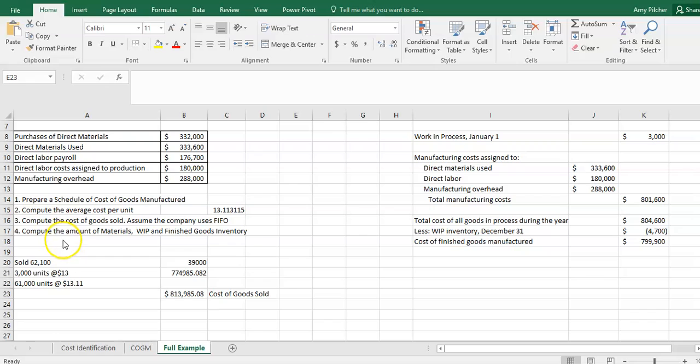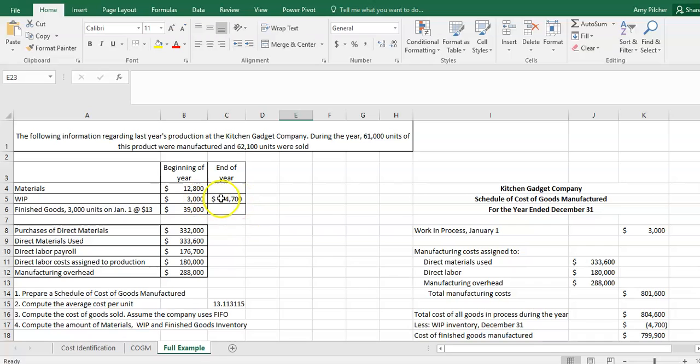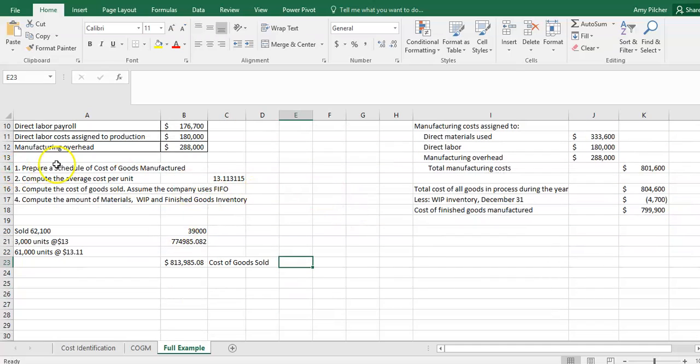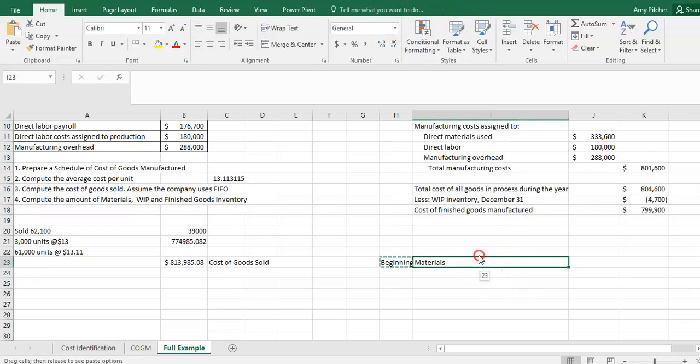The final part of this problem is computing the amount of any materials, work in progress, and finished goods inventory. The work in progress is already calculated for us. That's $4,700. So let's look at calculating the amount of ending materials and the end of finished goods inventory. So for materials, we're going to start with beginning materials.